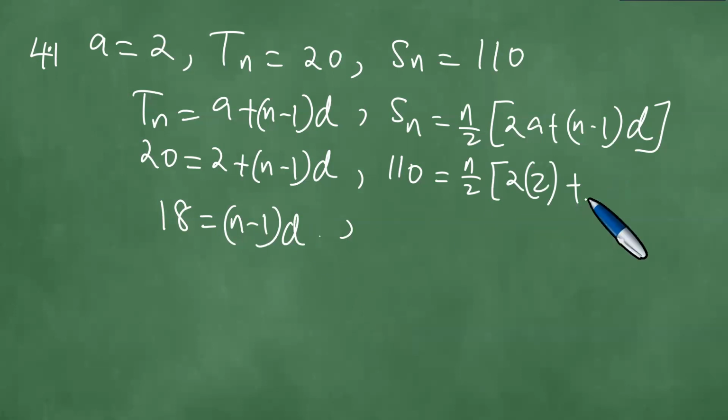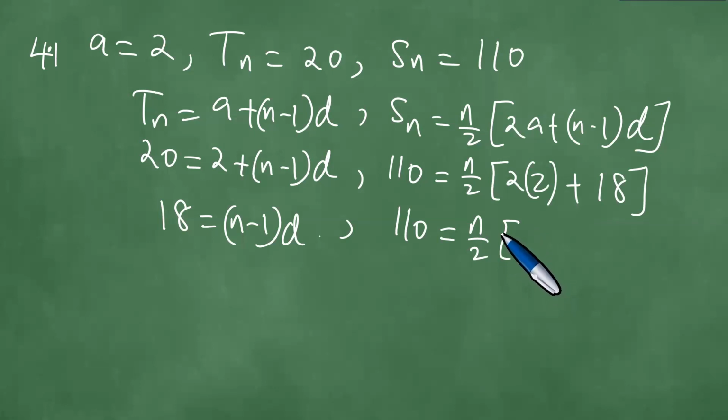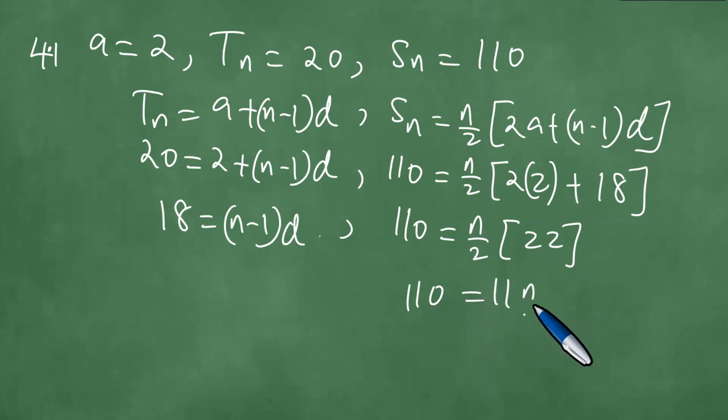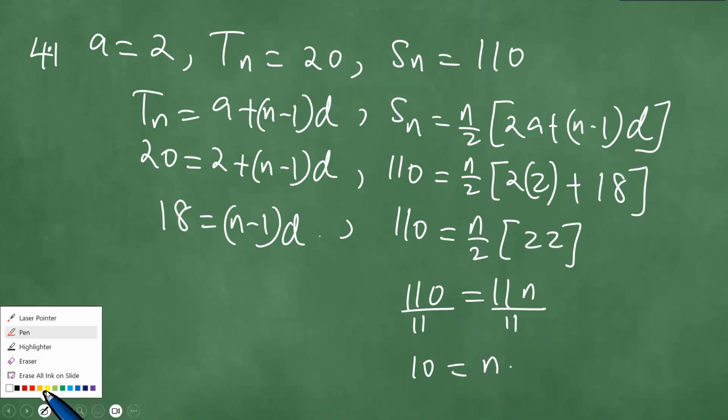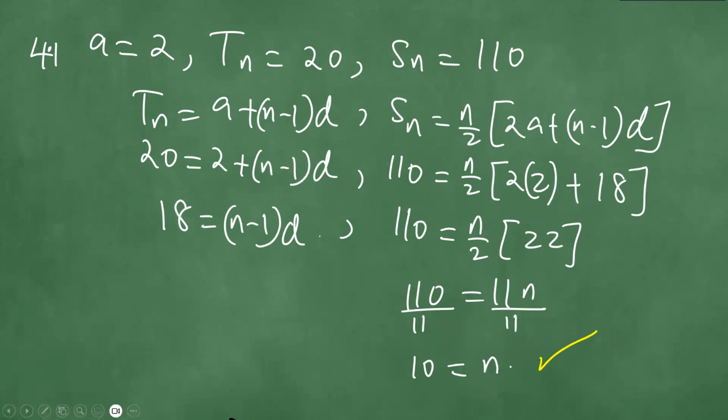Also, the n minus 1 into d is 18. So 110, that's 4 plus this, 22. 2 goes how many times into 22? 22 divided by 2 is 11. You divide by 11, both left and right, and you get that 10 equals n. Obviously, the question was to find the value of n, and we found that n is 10.